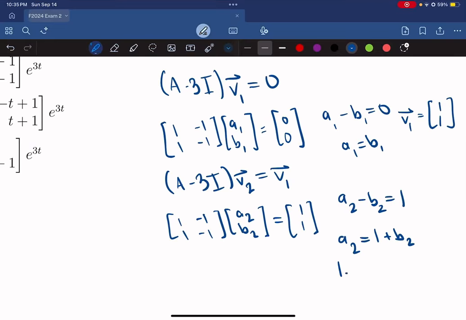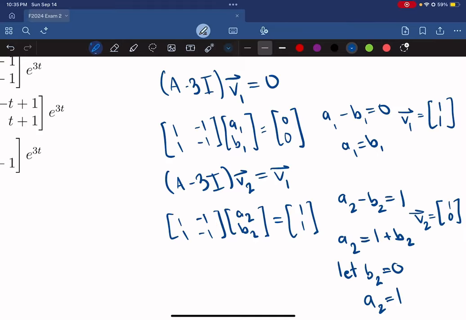And from here, you can just let b2 equal 0, which makes a2 equal 1. Which means you get a linearly independent eigenvector of 1, 0. And so from there, now you have your v1 and v2.